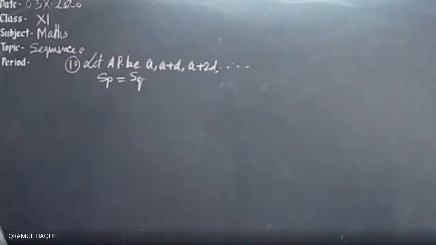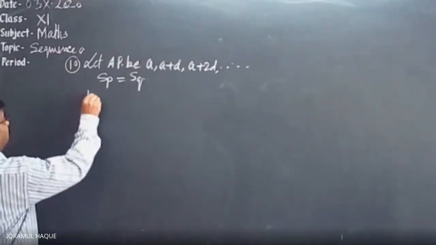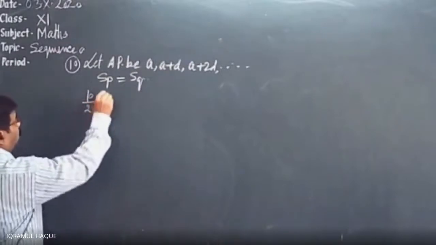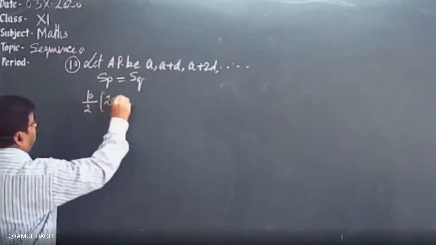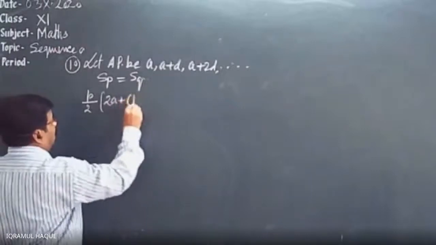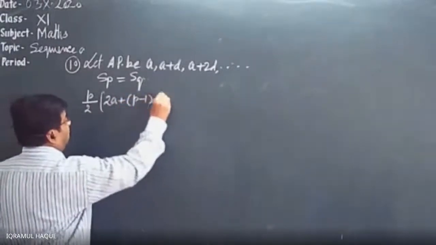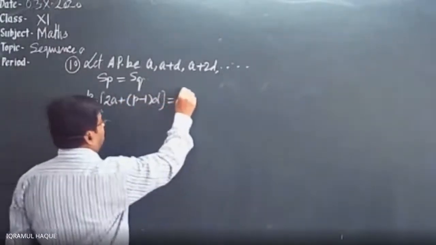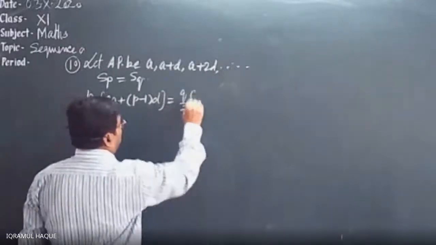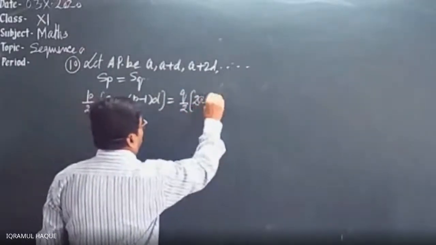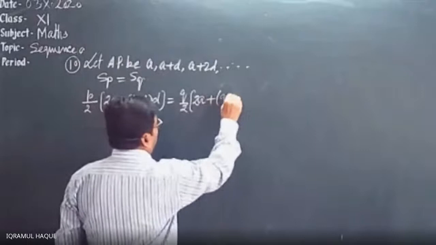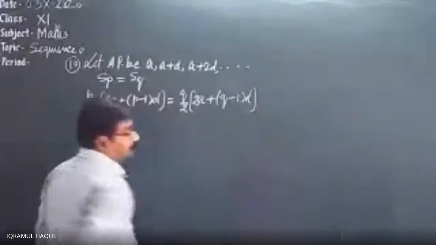Let's write the formula. This is p by 2, 2a plus p minus 1 into d. This side q terms, q by 2, 2a plus q minus 1 into d.